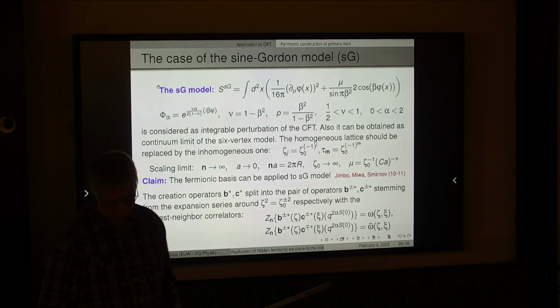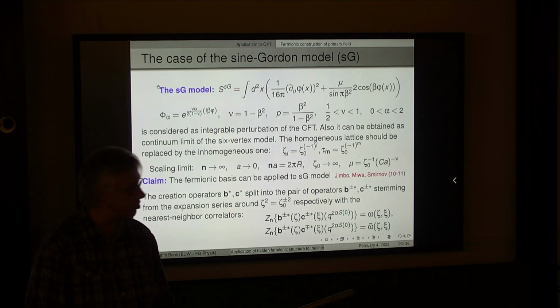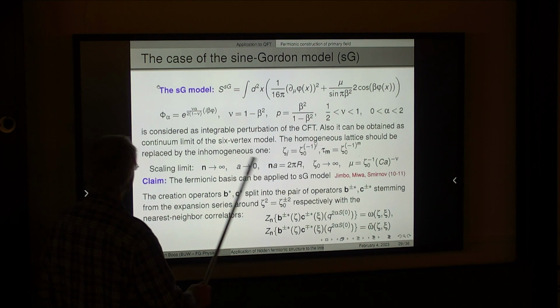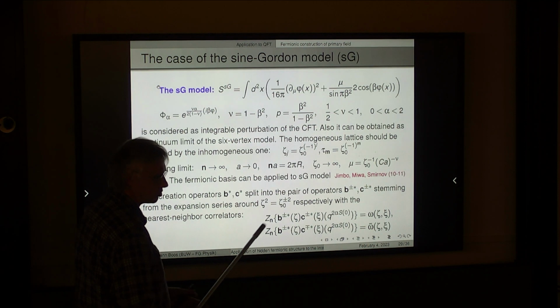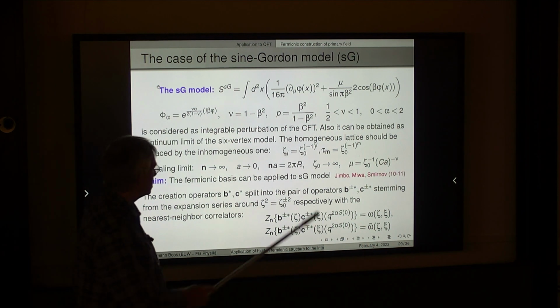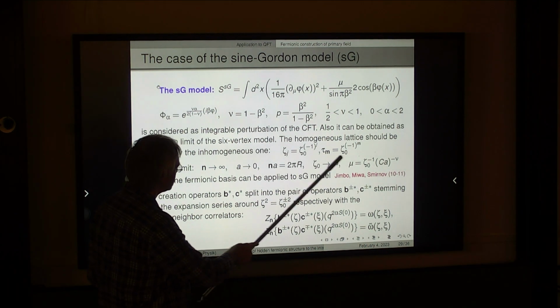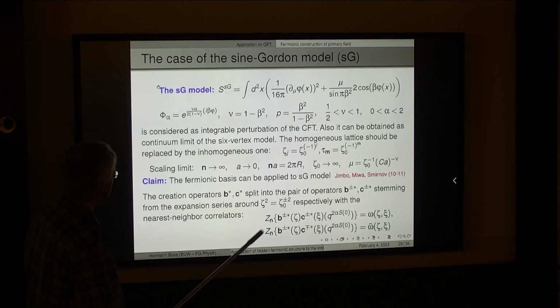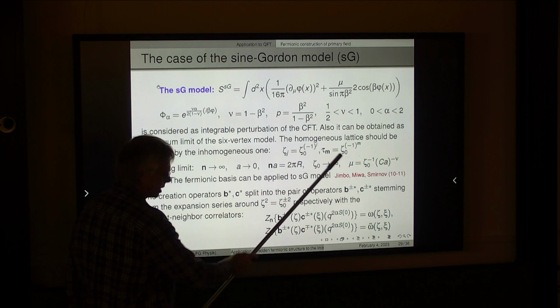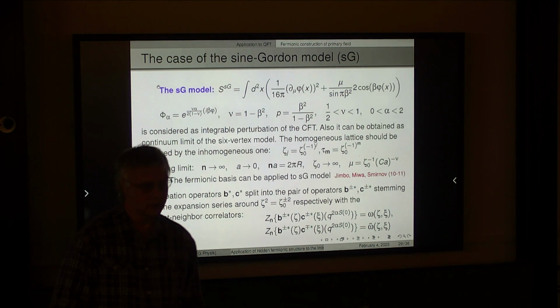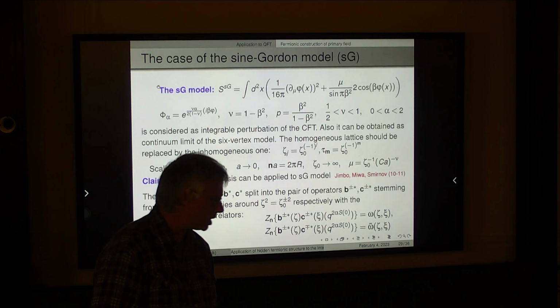And what we should do, we replace the homogeneous lattice by an inhomogeneous one. So we introduce staggering with some parameter zeta naught here, and this zeta naught actually is something like inverse mass. So that is the way how we get the mass derivation.